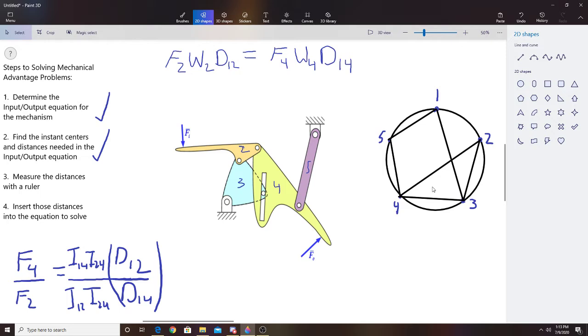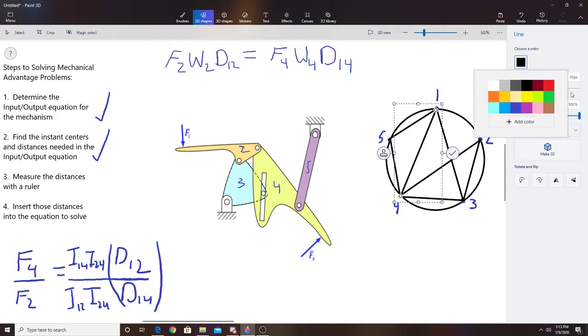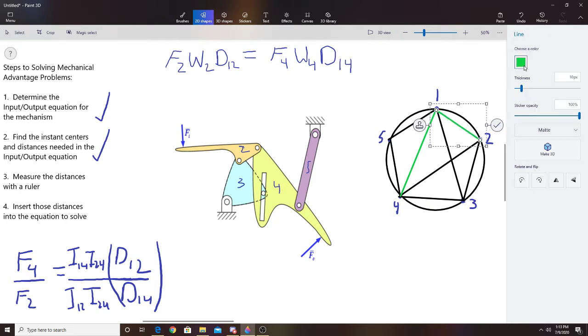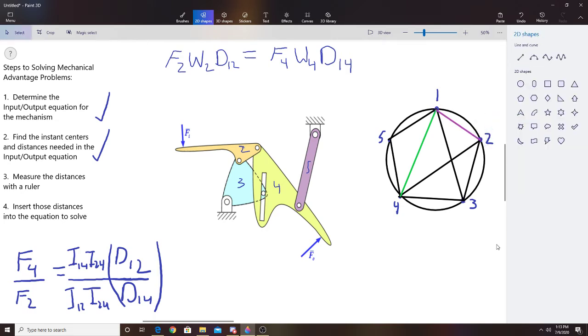The ones that we need. So we need I12, right? I12 is something we need. We also need I14. So these are the two that we need to find. So I'm going to mark those in different colors. We'll put that green. So I14 is going to be green. And these are the two we have to find. And I12 will make purple. So those are the two we have to find.